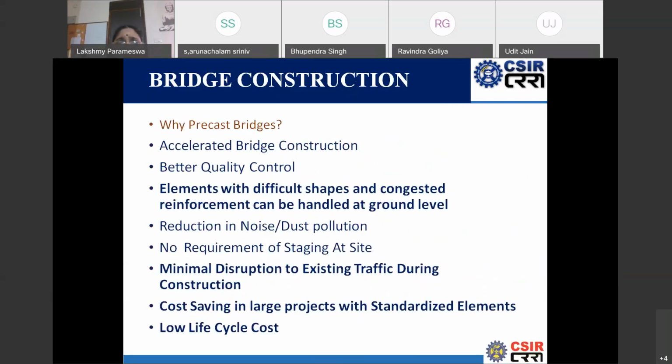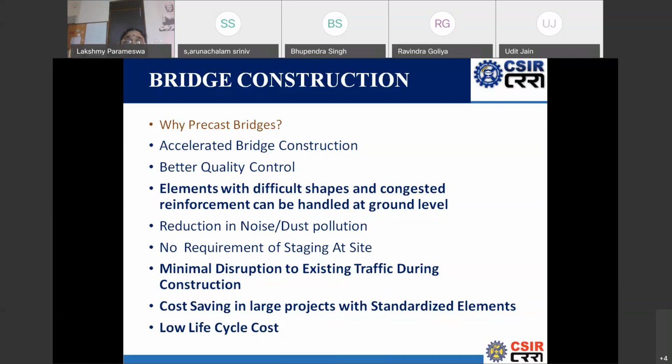Now moving to precast construction, that is ABC. It has better quality control because we are able to do the construction at a level which can be handled much more easily. It also reduces noise and dust pollution, has no requirement for staging in most cases, and minimum disruption of traffic, because management of traffic during construction is a real challenge in places like Mumbai, Delhi, etc., where there is a lot of traffic every day.